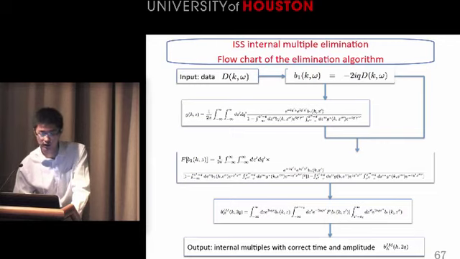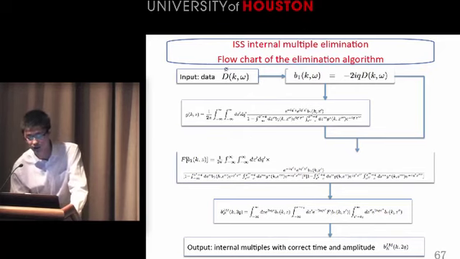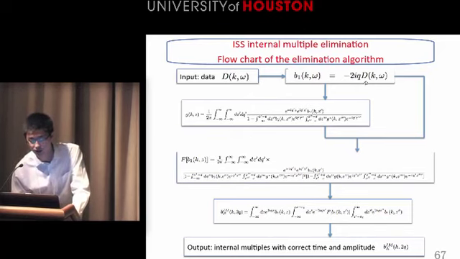First, you get a shot gather d of x,t. You make a Fourier transform of the shot gather and you get d of k,omega, in the wavenumber-frequency domain. Then you multiply by an obliquity factor, minus 2iq, and you get B1. First, we use this B1 to calculate the intermediate traces, a function of g.